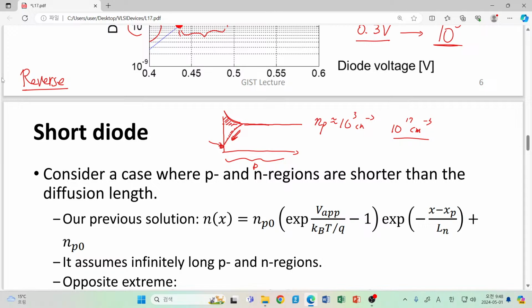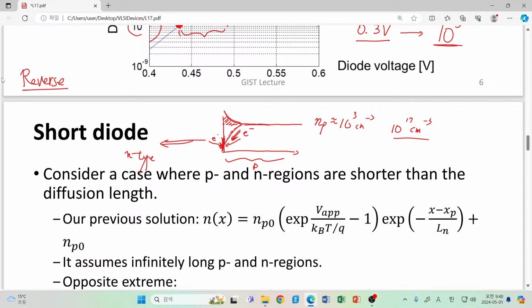So electrons will diffuse this way. Once they approach this boundary, we have quite a strong electric field. That electric field just takes the electron and sends it back to its homeland called the N-type region. So that will be the origin of a reverse current, a quite small reverse current in our diode.